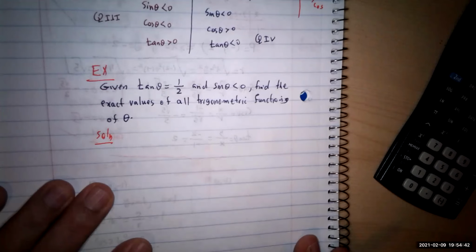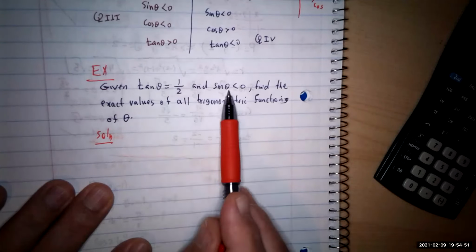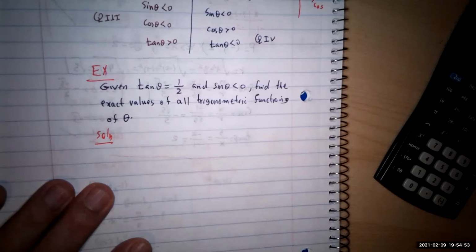Very good. Why is it in the third one? Because tangent is positive. Tangent can be positive in the first or the third.